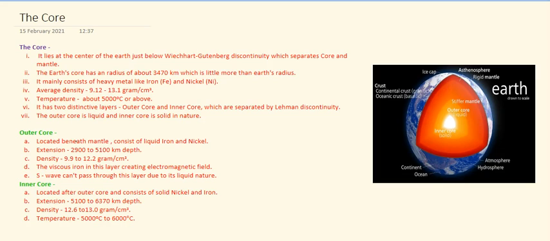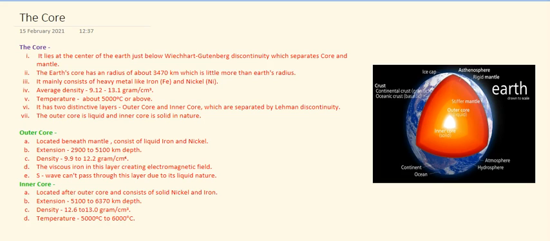First of all, the outer core, located beneath the mantle, consists of liquid iron and nickel. Its extension is about 2900 to 5100 km depth, and the density of this layer is between 9.9 to 12.2 gram per cubic centimeter.